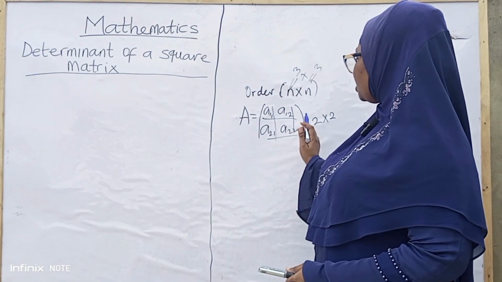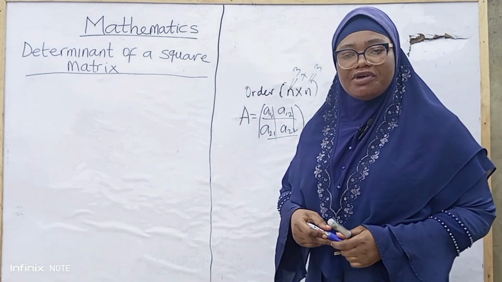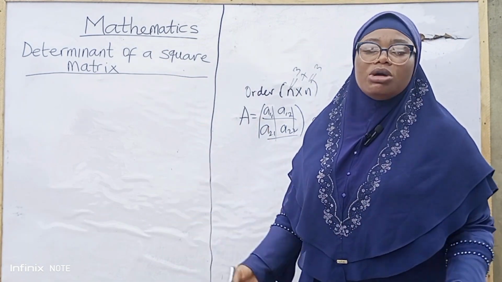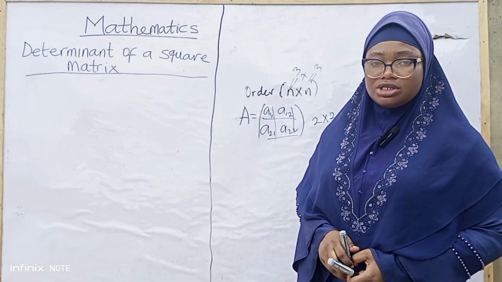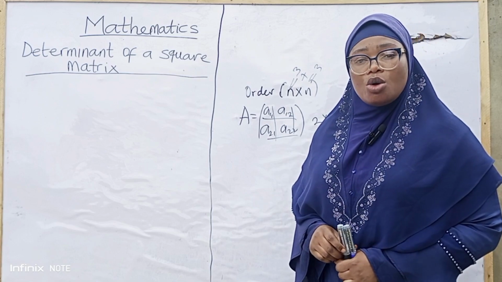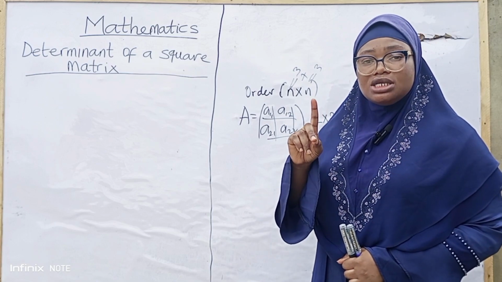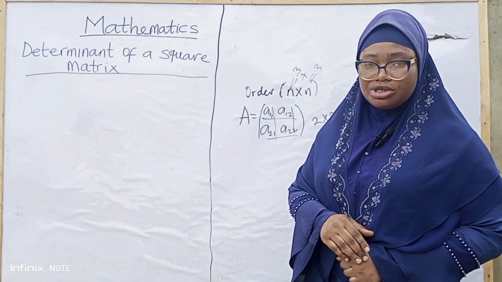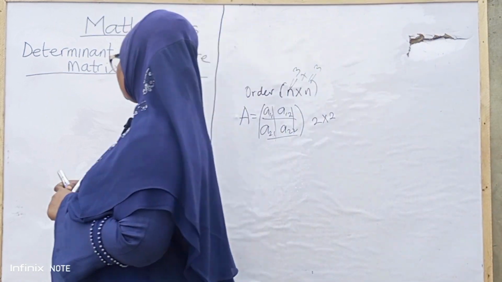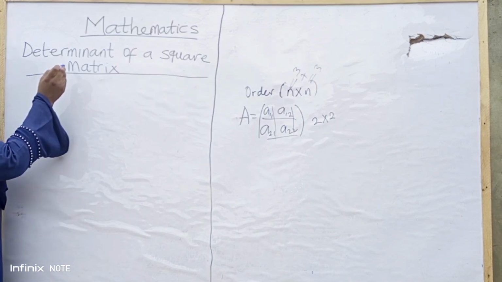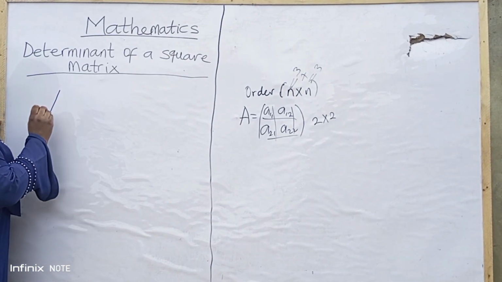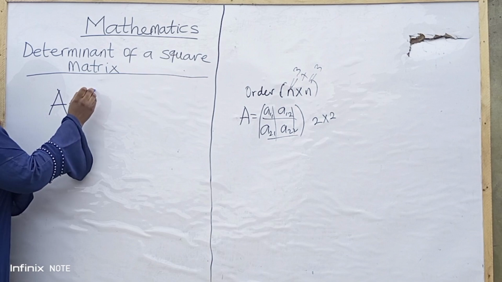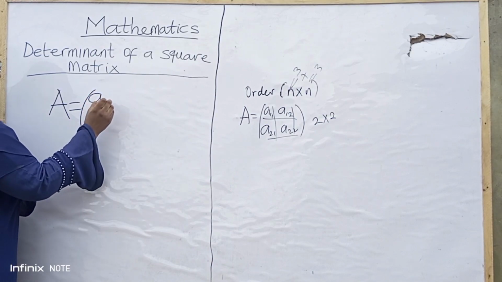Similarly, we can have 3 by 3, 4 by 4, 5 by 5, and a 1 by 1 matrix is also a square matrix. If you want to determine the determinant of any given matrix, it has to be a square matrix. So what is the determinant of a matrix? Let's talk about a 2 by 2 matrix first.